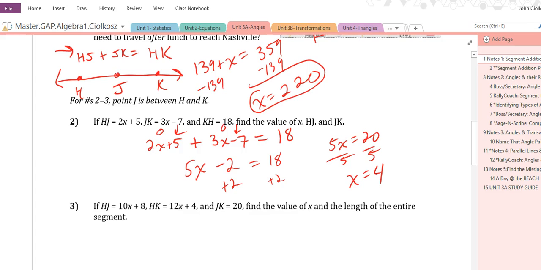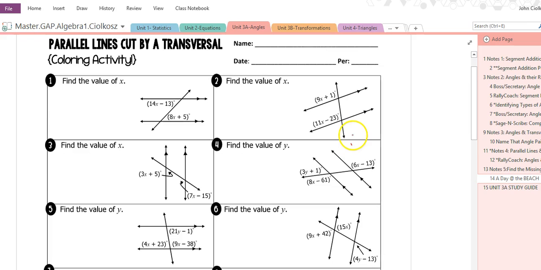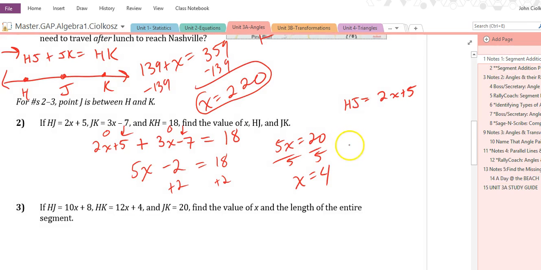Now, be careful, because here we found x, but we're not done yet. It also wants the value of HJ and JK. So for HJ, this is 2x plus 5, and JK is 3x minus 7.